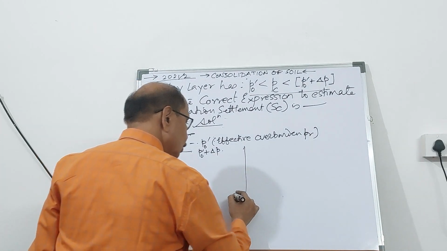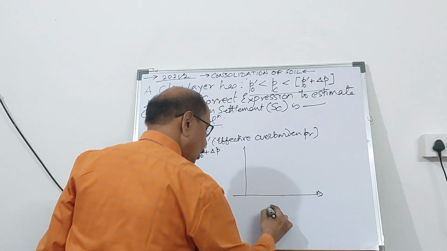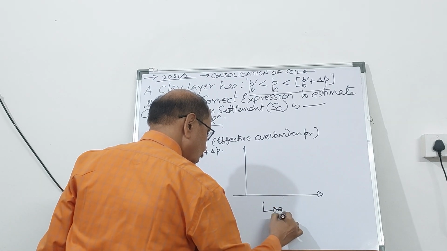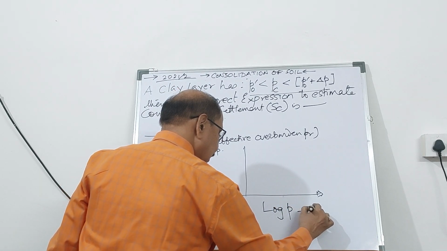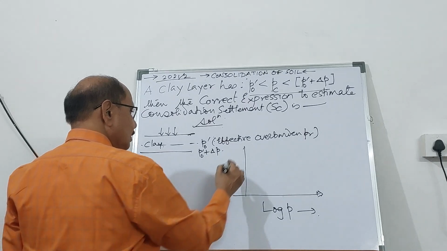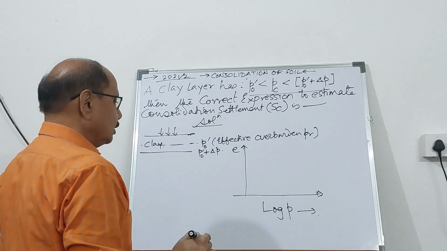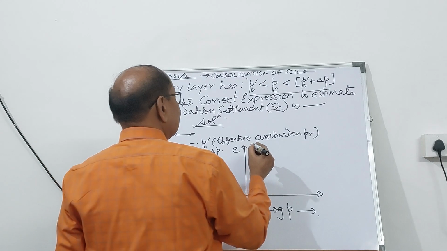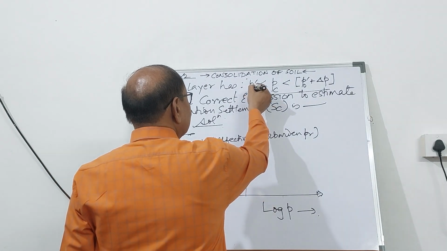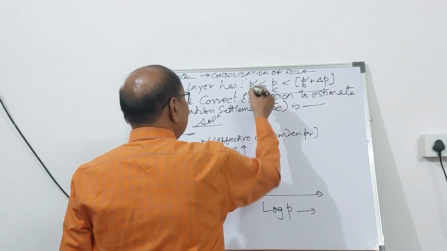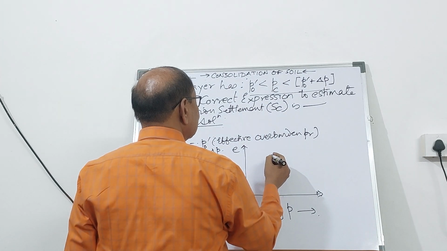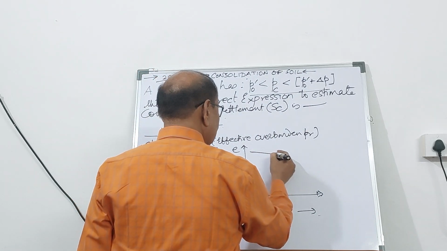So if you plot log P on the x-axis and void ratio like this, what is given is the overburden pressure is less than Pc.